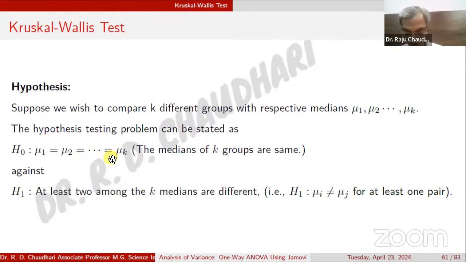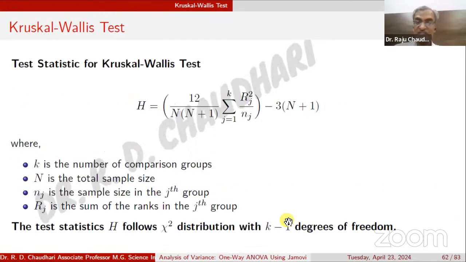Last time I also explained why we use the median in non-parametric tests. The reason is the median is least affected by extreme values when your data is not symmetric. So all the medians are equal, against at least two medians are different. This is the assumption.